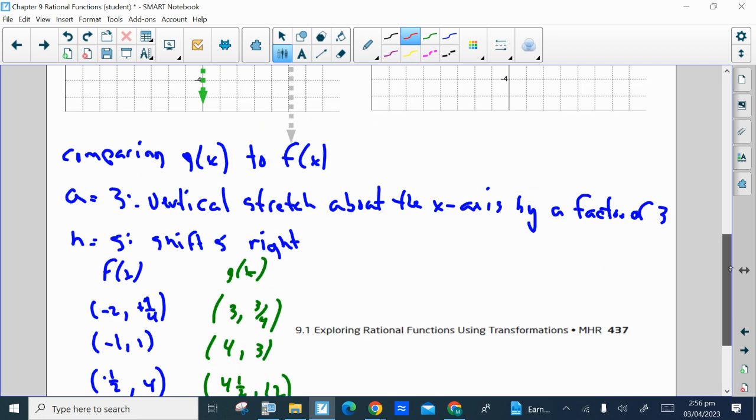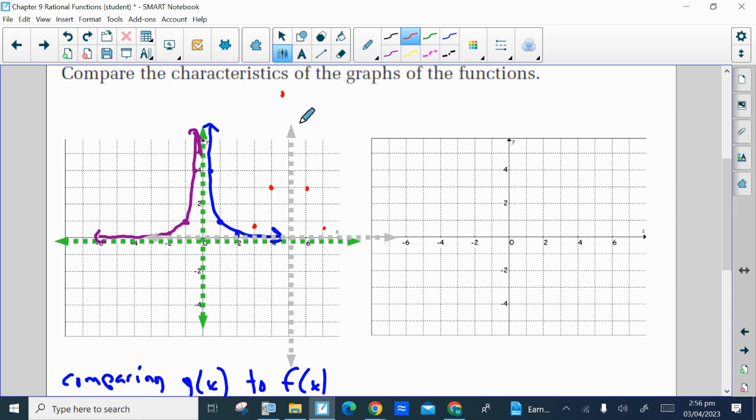And I've got 5.5 comma 12. Again, way up here somewhere. So there's that graph.